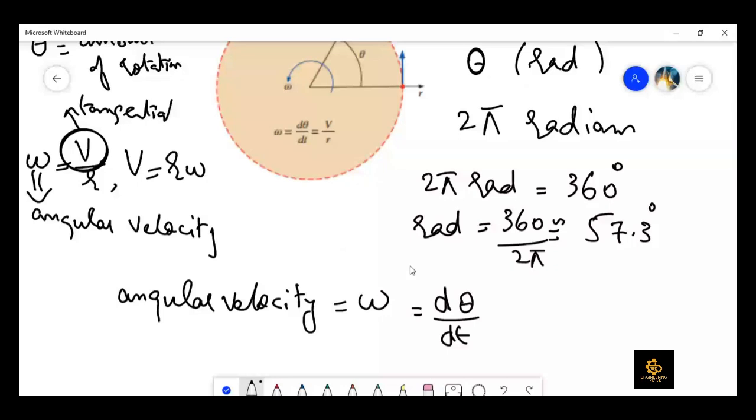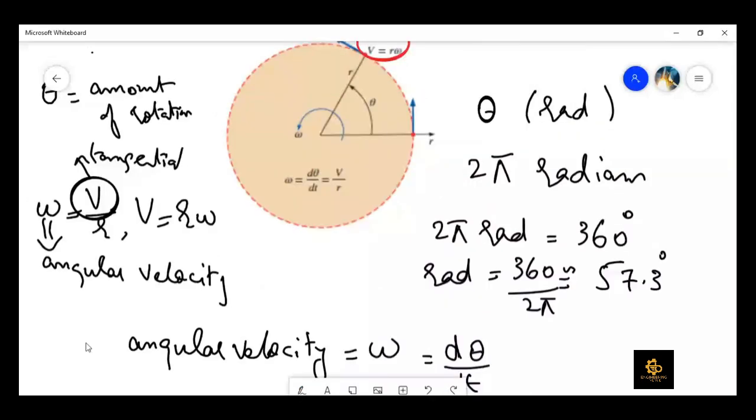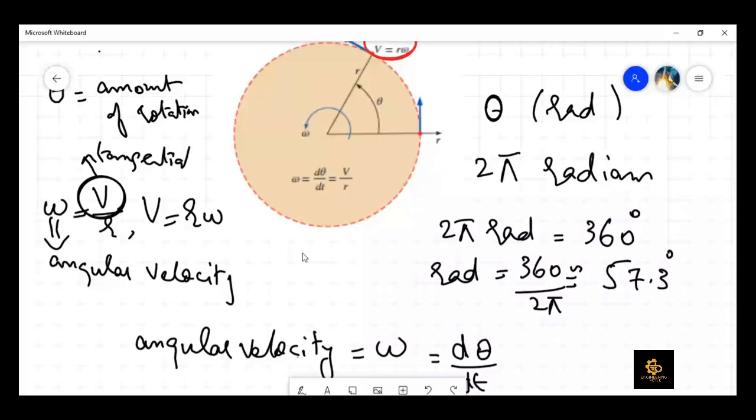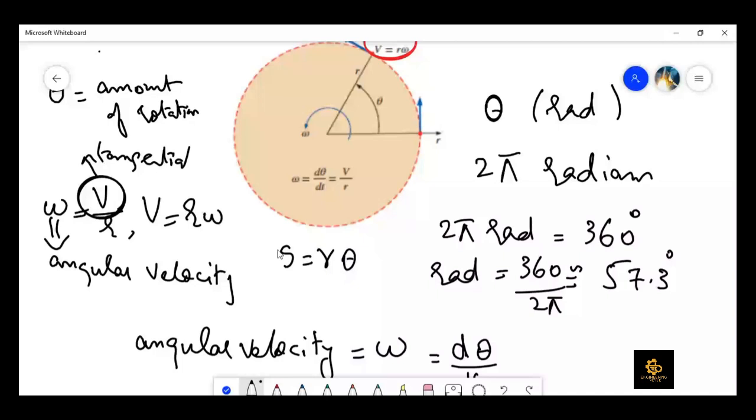So if you remember, there was a relation between arc s is equal to r theta, that relation. So s could be the linear distance covered. I would say that this is the arc length. And in the book they have taken it equal to length, which would be something like here.